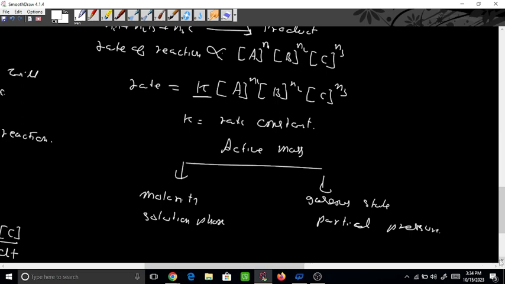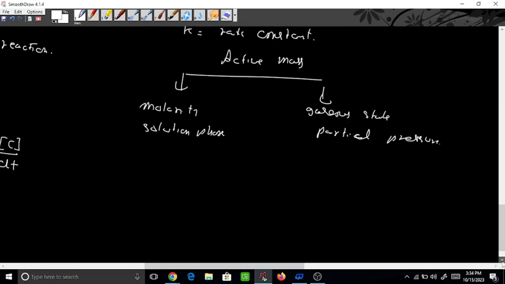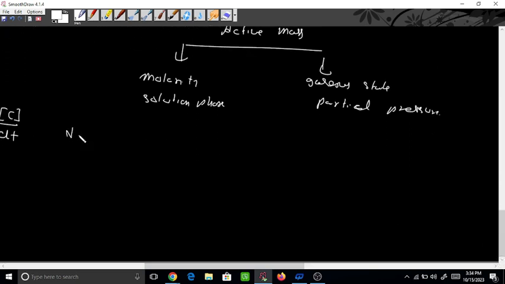But one more thing, what all the things we need to include in the rate law, which you need to remember. Suppose you have some intermediate. Do you have any idea of intermediate? We have studied it in organic chemistry, and it is in inorganic also. It is a step in between. It is formed and consumed in between the reaction.